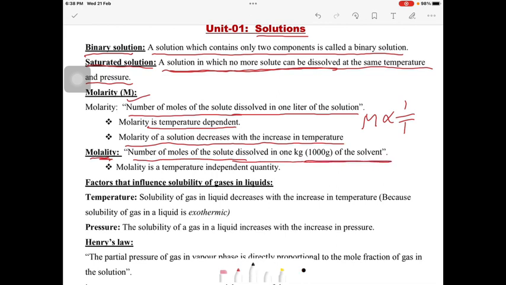Few students interchange the definitions of molarity and molality. Molarity ends with RITY: moles of solute in 1 liter of the solution. Molality ends with LITY: 1 kilogram or 1000 gram of solvent.